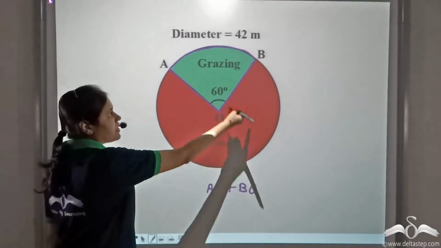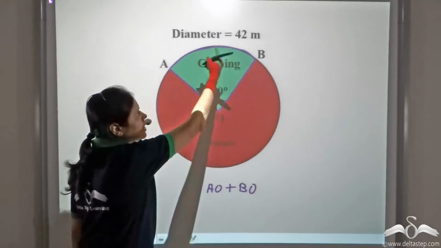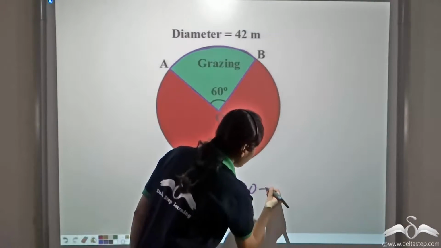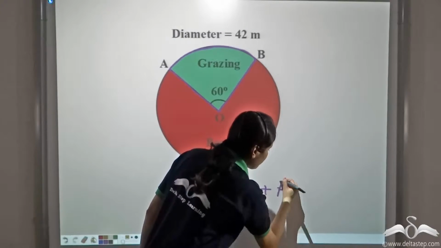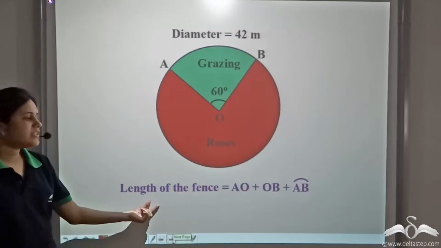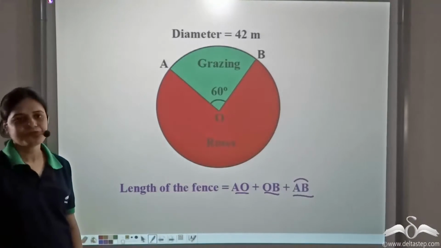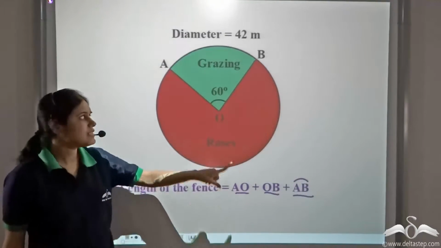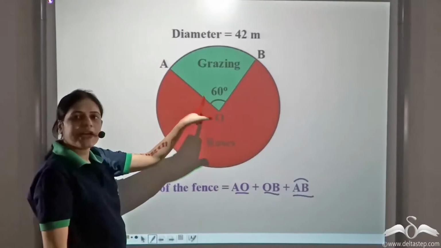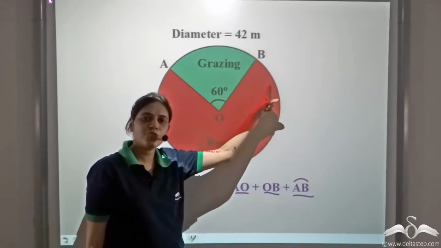We know that this garden is a circular garden. So this part of the garden between these 2 points A and B is an arc. So we want the length of this arc AB. The length of the fence required is AO plus OB plus AB. Now the gardener sees that since O is the center, AO is the radius of this garden. He already knows the diameter, which is 42 meters.